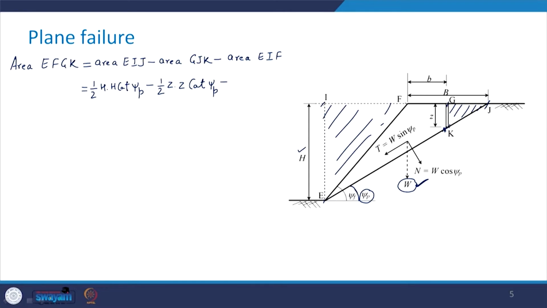For this triangle, the angle psi F will come into the picture, so we get half H into H cot psi F. So, what we are going to get is half cot psi P, and in bracket we will have H square minus Z square, and minus half H square cot psi F.